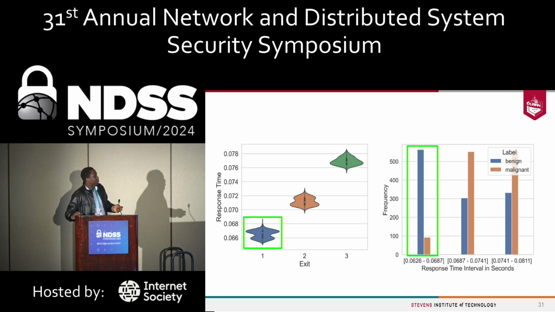So whenever we see a timing measurement that corresponds to an input taking exit 1, we can infer with a stronger probability that that input is a benign skin mole. And we consider this a privacy violation.